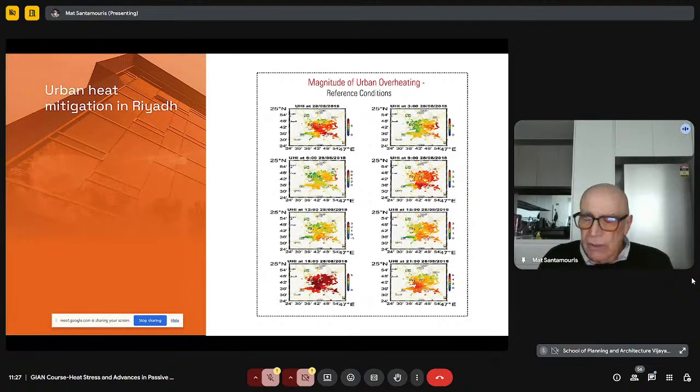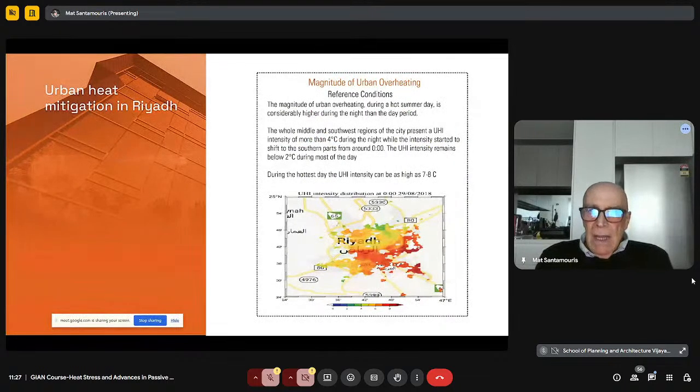So we have to know not only what is happening at the city level, but what is happening in the surroundings, because this defines the advection of heat, the transfer of heat from the surroundings to the city, or vice versa. And this gives us the magnitude of the urban overheating. The magnitude of urban overheating during a hot summer is considerably higher during the night than the day period.